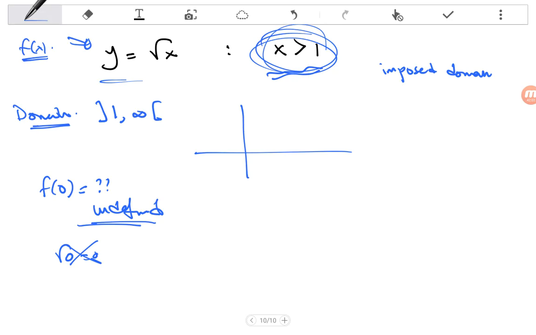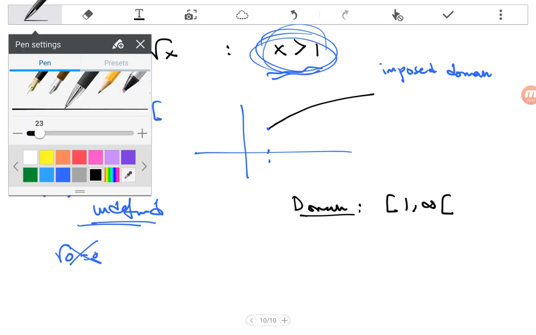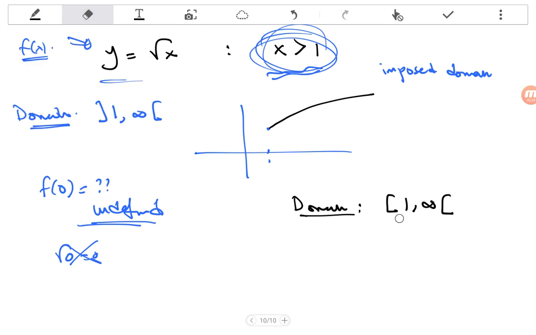Okay? So for this function, what is the domain? It starts from 1. When I give a graph of it, it will be just like this. We have just said the domain is the interval from 1 to infinity, and 1 is open.